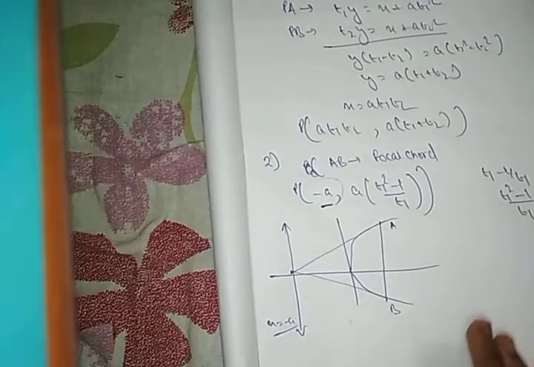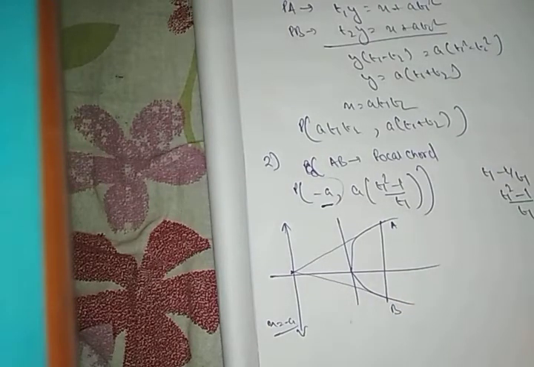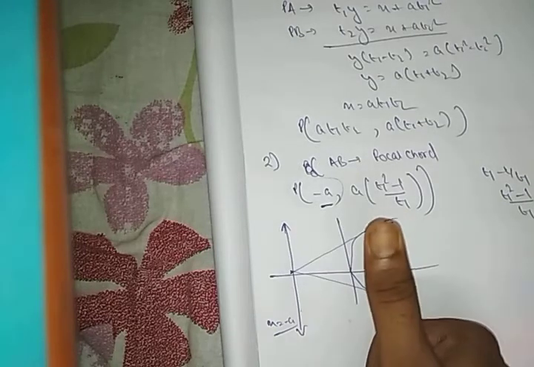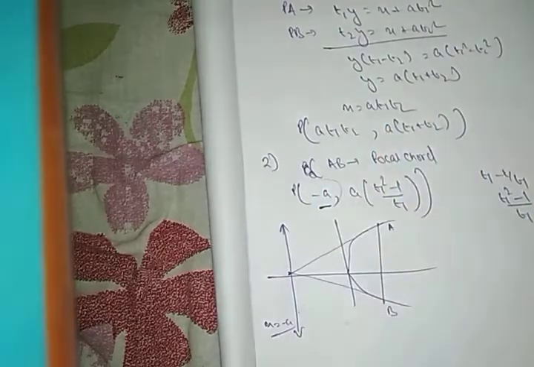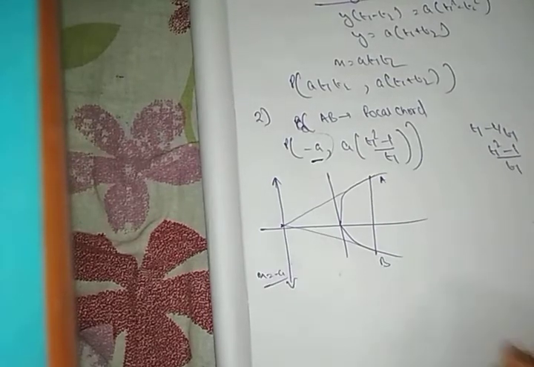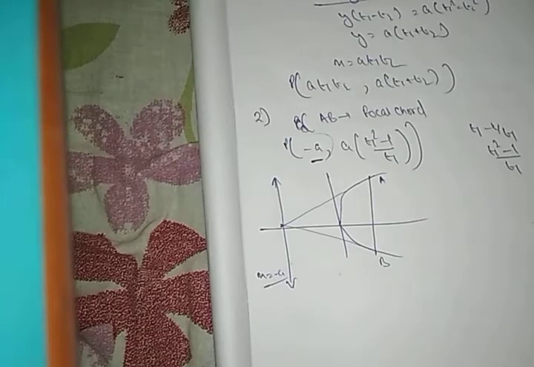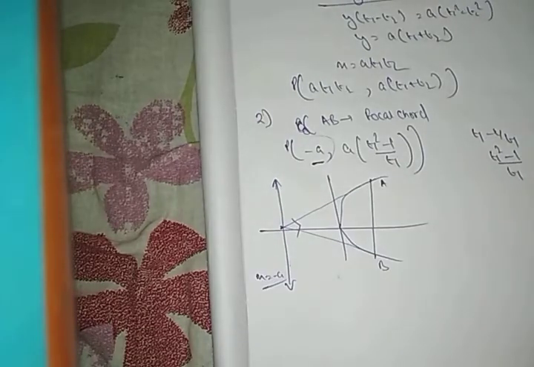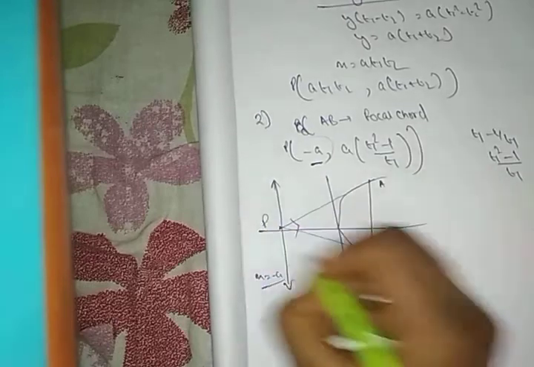So it's another important result: if we draw tangents at the extremities of a focal chord, they will always intersect on the directrix. So done. Now next, proceed. We have another thing related to this: what would be the angle over here?